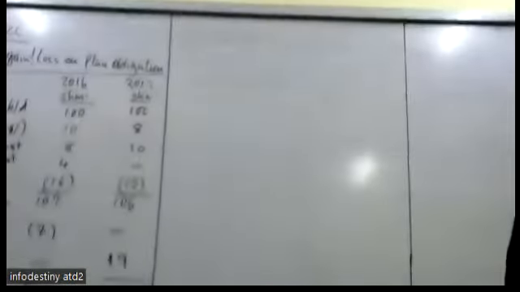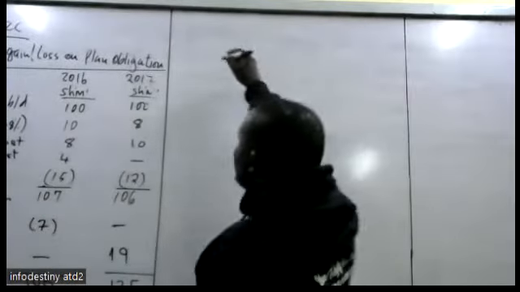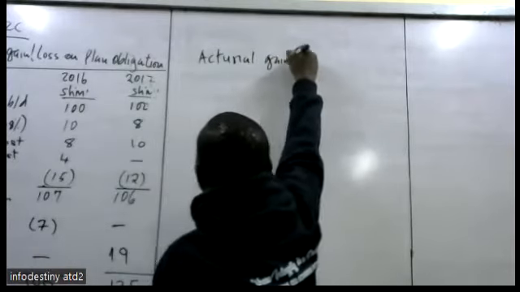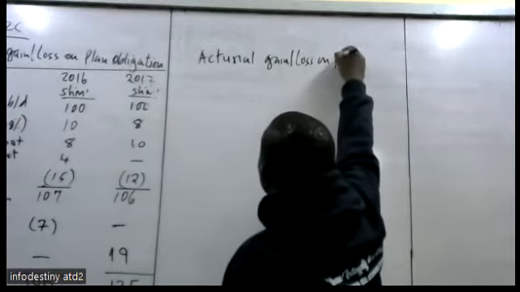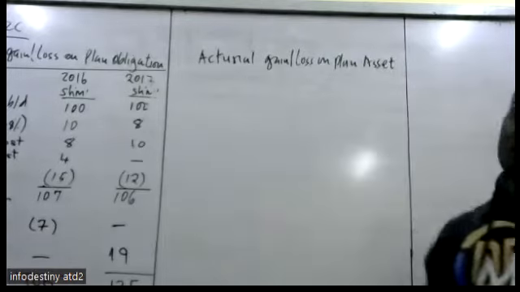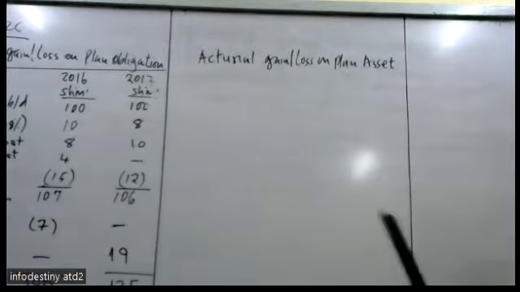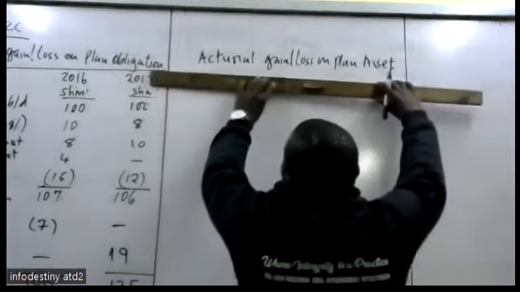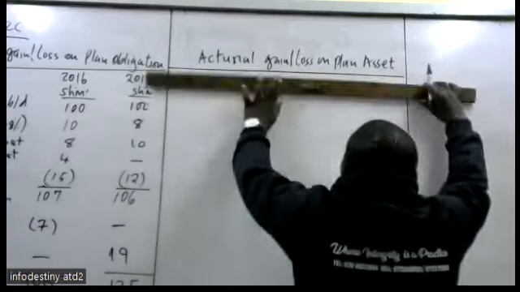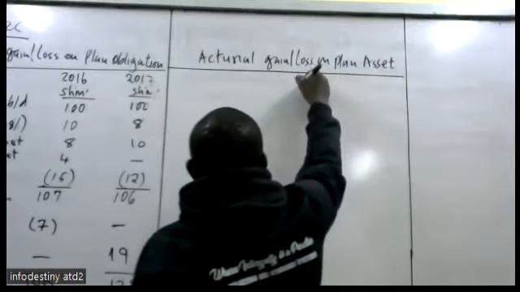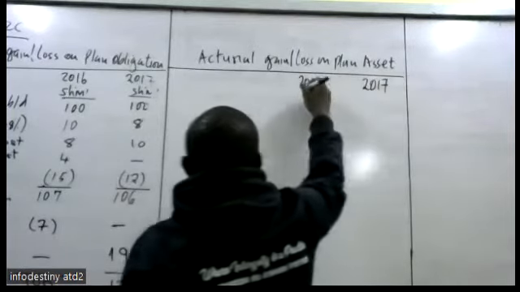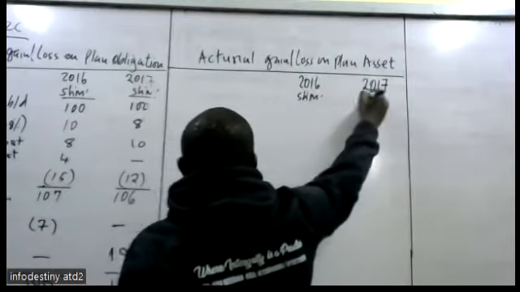So let's do the same for assets. So actuarial gain or loss on plan asset. Actuarial gains or loss on plan asset. (2016, 2017). Shillings are in millions.